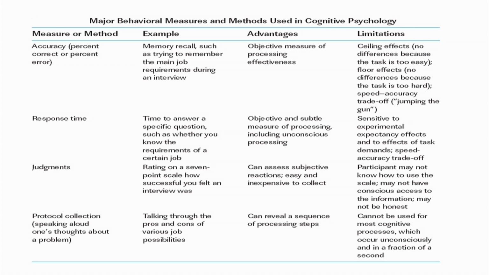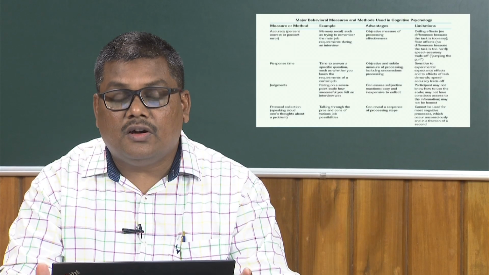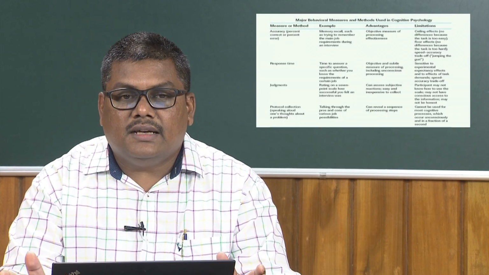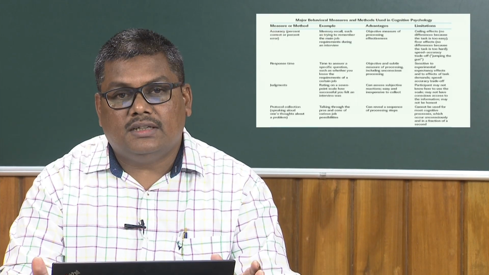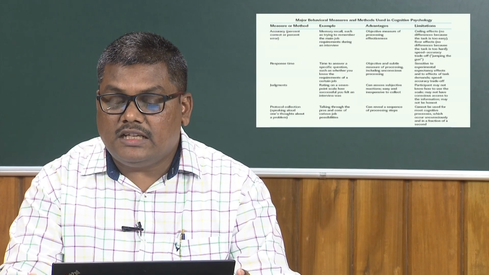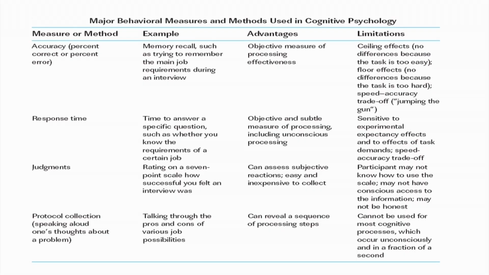The second method here is response time, which is the time one takes to come up with a particular response. The advantage is that it is an objective method and suitable for measuring processing mechanisms that are at play, including unconscious processing mechanisms. Now, the limitation to this method is something called experimental expectancy effect and task demands.